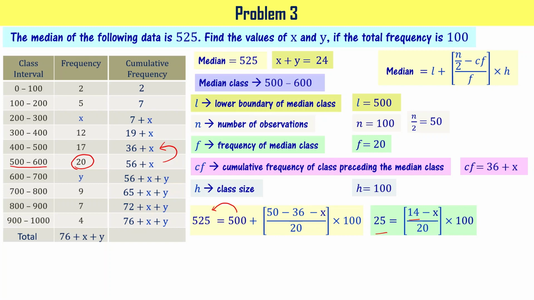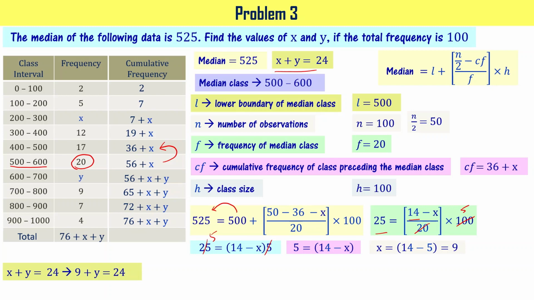Now, if I cancel this, I'll get 5. And then if I cancel this 5, then I'll get 5 here, right? So let's write 5 equal to 14 minus x. It means x equal to 9, right? And we already know that x plus y equal to 24.